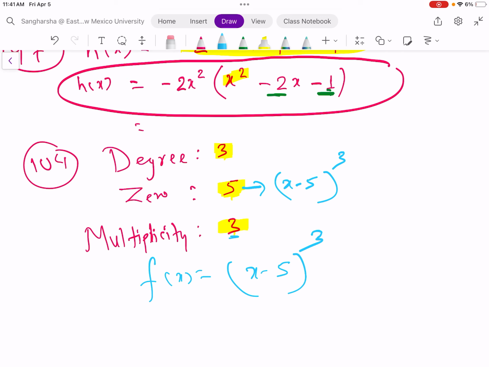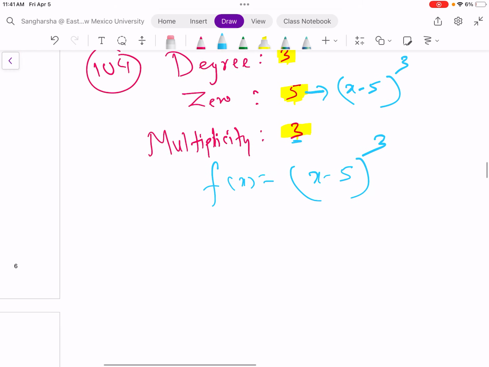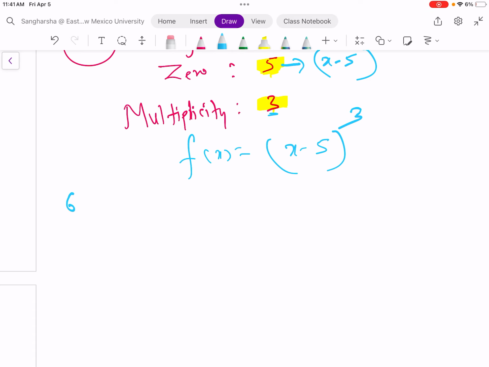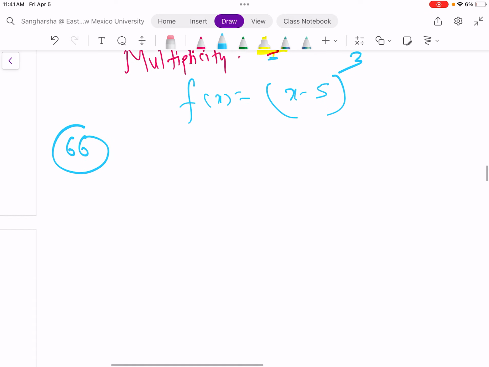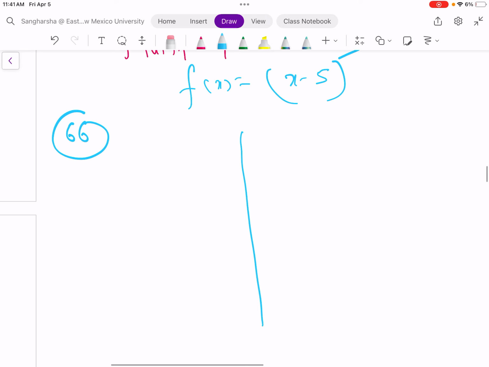Let me do number 66. This is your homework. And I'm not sure we did cover it, but let's do this number 66. So here we have a graph given to us.